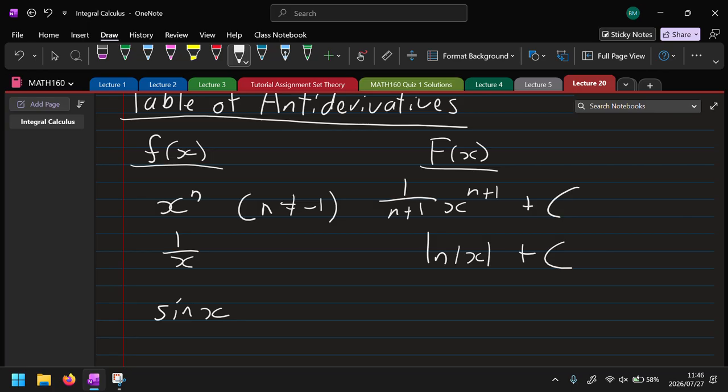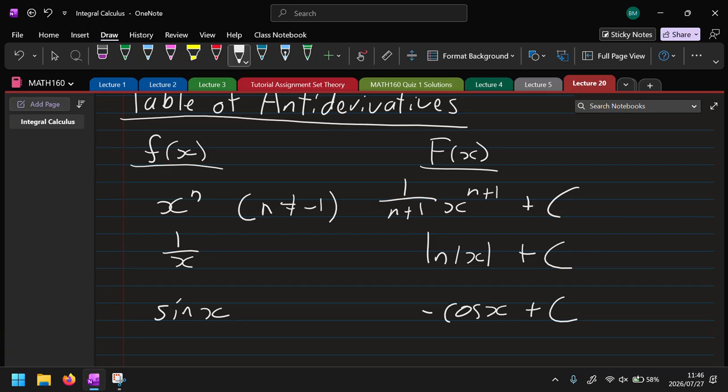So the actual answer is minus cos. Okay. And now again, some more confusion. The derivative of sine is cos. The antiderivative of sine is minus cos.